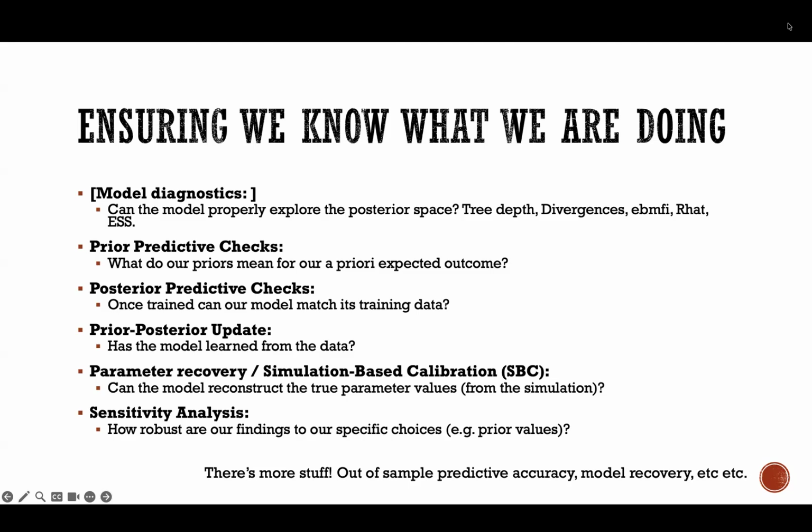And then we're going to look at sensitivity analysis. So how robust are our findings to the specific choices that we made? A very intuitive example is if we made our priors a bit more uncertain or a bit more certain, how would our results change?